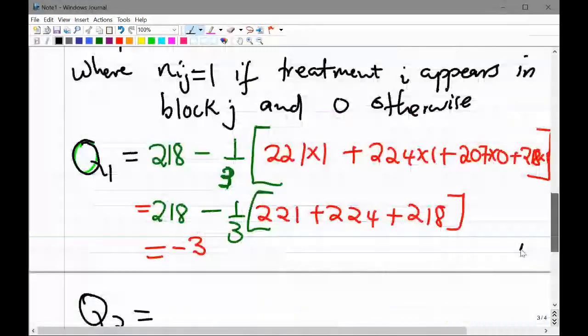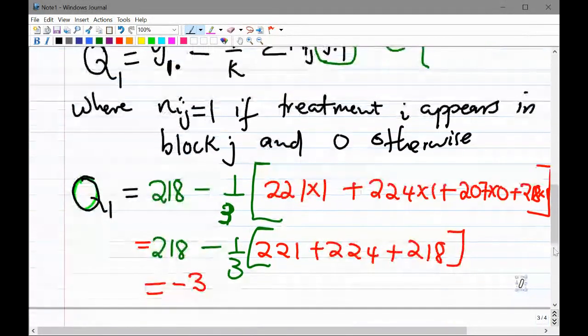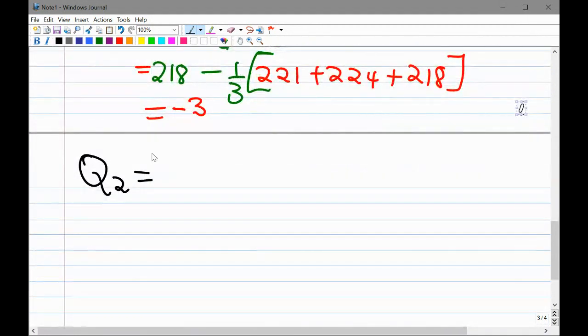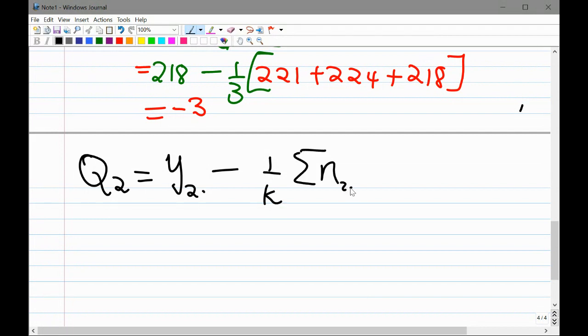If we want to write the formula, it will be Y2 dot minus 1 over k summation of n2j Y.j, which means we'll say 214 minus 1 over 3.